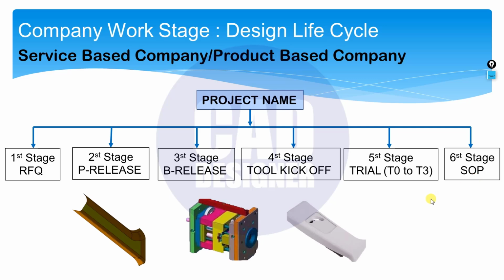So the benefit of working in a product based company is that you understand why whatever changes are done on the part after B release are required. Suppose a sink mark is coming, you have added a sink mark trap, or you do material removal, you maintain 40%, still the sink mark is coming, then you know to ask why it is coming.